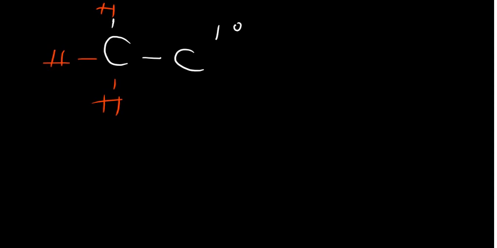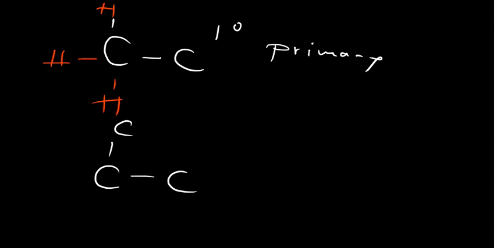The carbon that is connected to two different carbon atoms is referred to as what? The secondary carbon. These others will be hydrogen atoms. So secondary, 2 degrees. One that may be connected to 3 different carbons, you might guess, is going to be what? Tertiary. Are we okay?